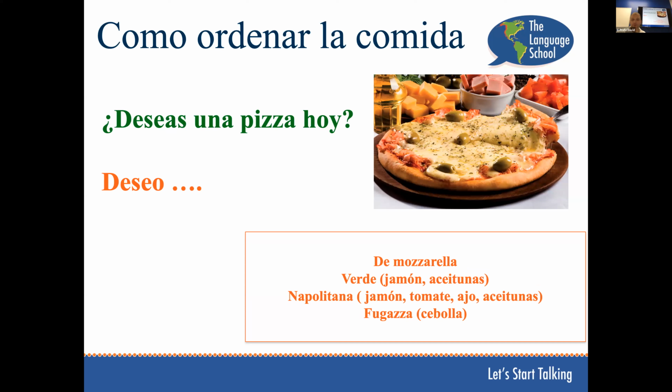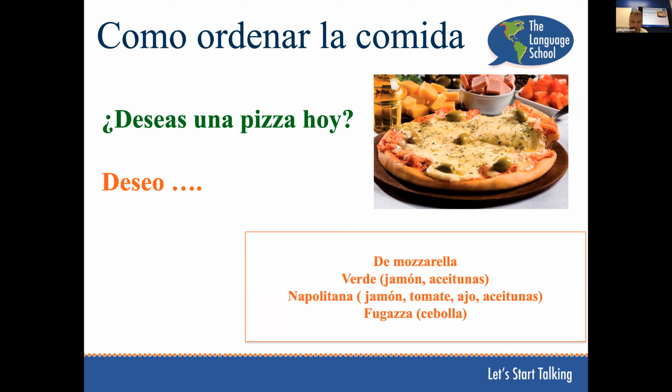In terms of pizza, we might get a mozzarella pizza. So that's just plain cheese. Here we have a picture of una pizza verde, which typically has jamón y aceitunas. So it's called verde because of the aceitunas, the green olives that come on it, not because of the sauce. So if we think of a green pizza, we might think it's because of the sauce.